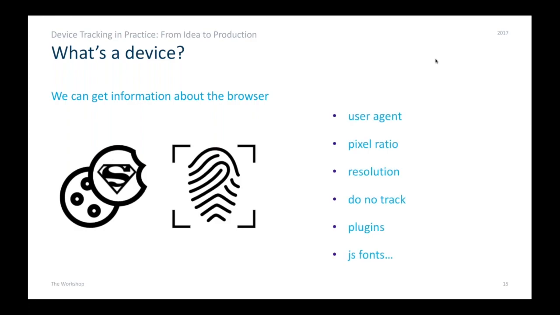These properties can be things like user agent, pixel ratio, the resolution, the do-not-track flag, the plugins the customer has installed in his browser, or even the JS fonts. And what if from these properties we create a kind of array and hash it? That's for us the fingerprint.